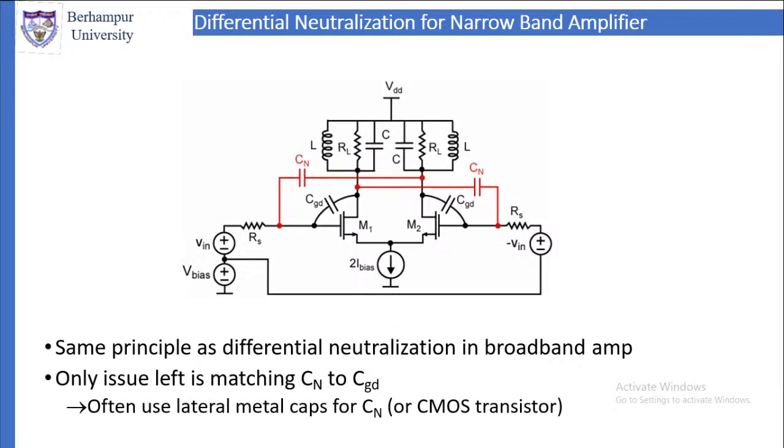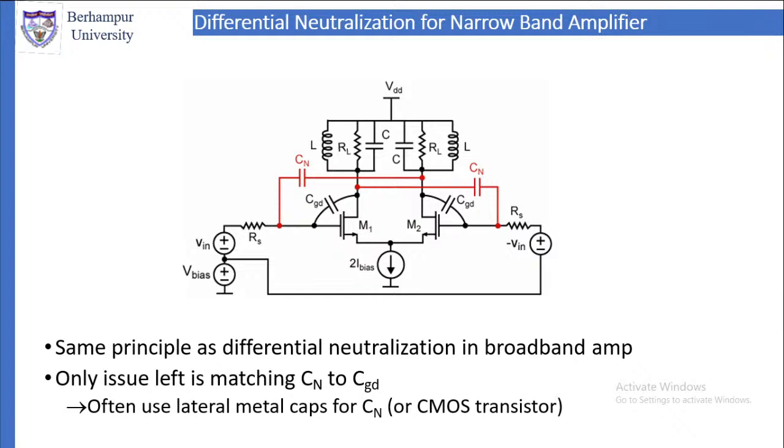Now what we can do is neutralization using differentiation. Use the difference principle to neutralize a narrowband amplifier. So we will discuss differential neutralization for a narrowband amplifier. Same principle: remember the difference amplifier or differential amplifier that we discussed for the broadband amplifier.